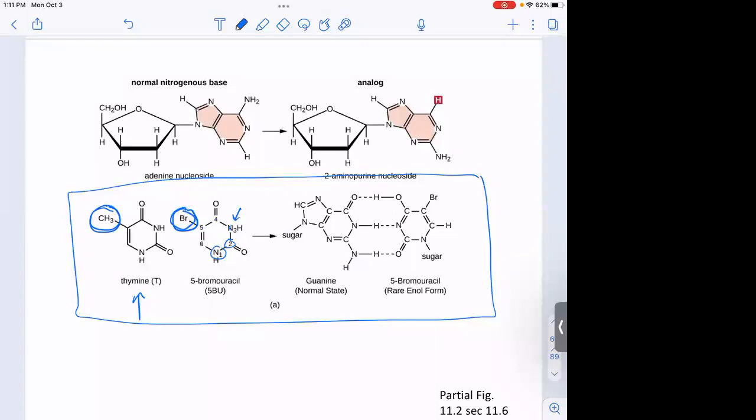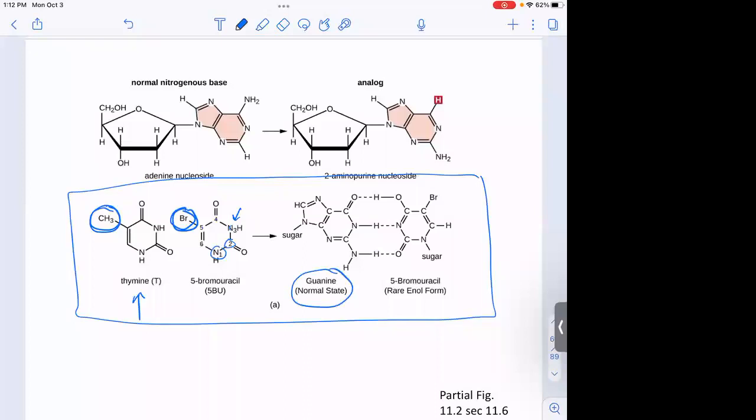But if 5-bromouracil is in the presence there when the cell is replicating, it will stick 5-bromouracil in there instead of thymine. And the so what there is that 5-bromouracil binds to guanine as its complementary base, instead of, remember, thymine should be complementary to adenine.